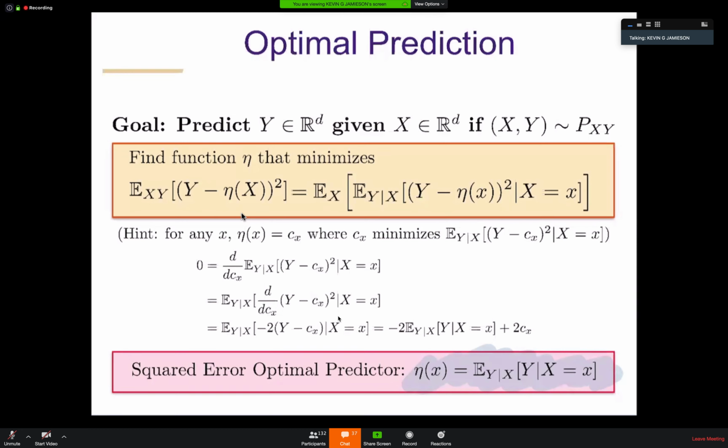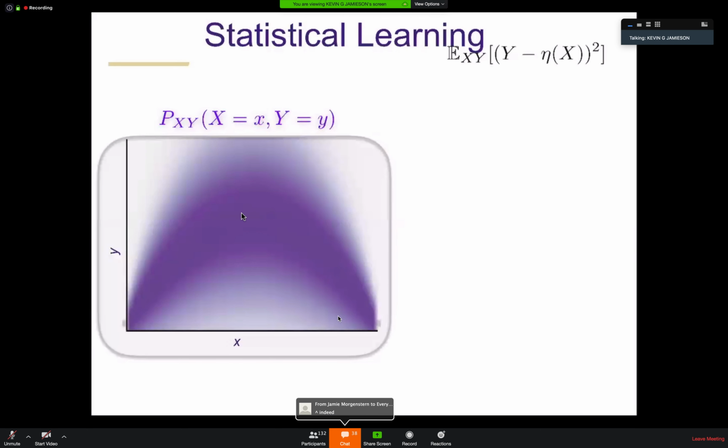So yes, the optimal squared error predictor is equal to eta of x, this thing in red, which is the expected value of y given x. It is the best thing that you could do in expectation. Of course, eta of x is unknown. We don't know what it is. What we really have is, for any given x, a distribution of y.